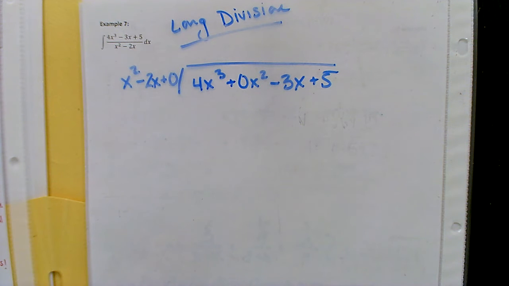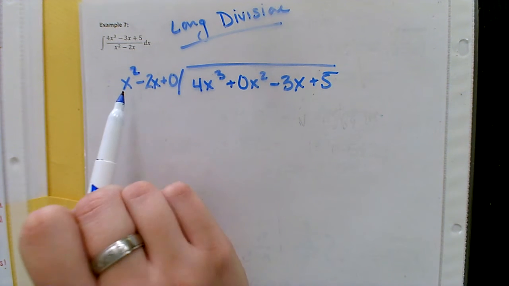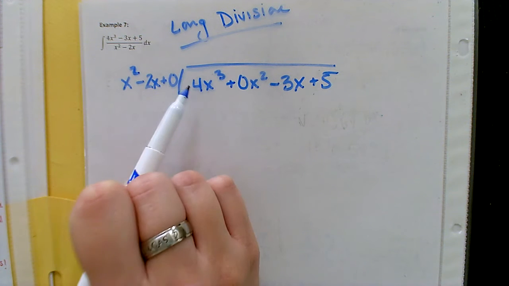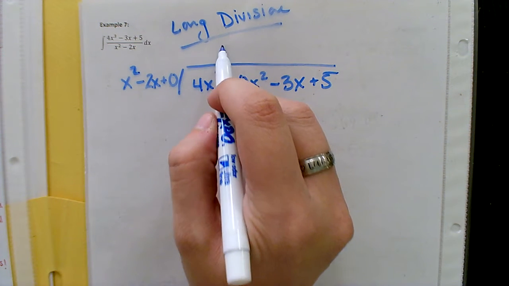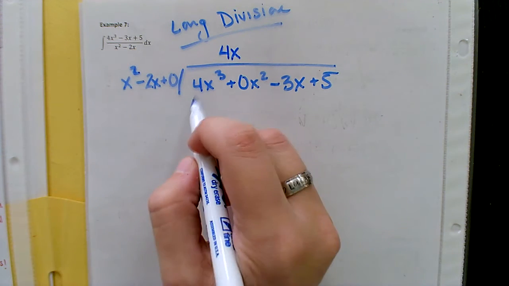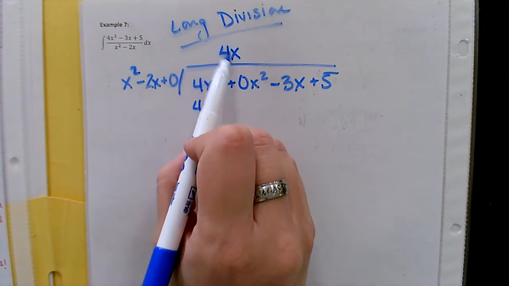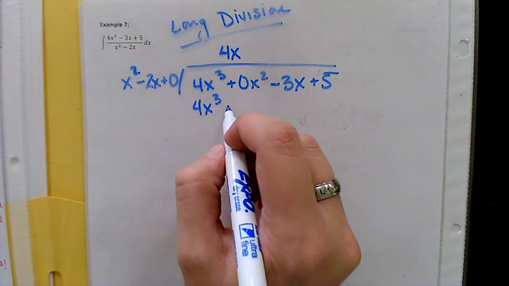Do you remember long division? I know we went through it a couple weeks ago. So x squared times what would give us 4x cubed? We would need a 4x. We can multiply that 4x over to the divisor.